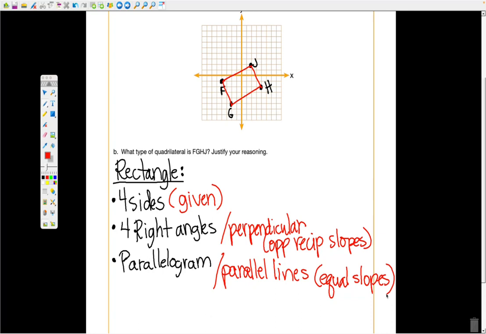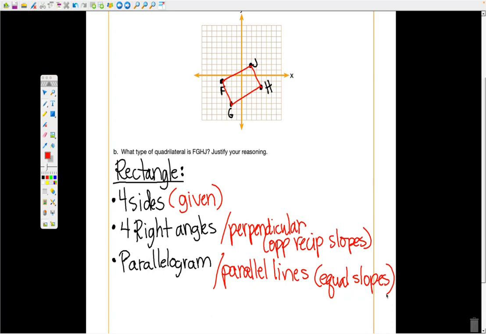Make sure everybody sees what I wrote. All I wrote is that we're trying to prove it has four right angles, prove perpendicular lines with opposite reciprocal slopes, and then prove it's a parallelogram by seeing if you have parallel lines, equal slopes.